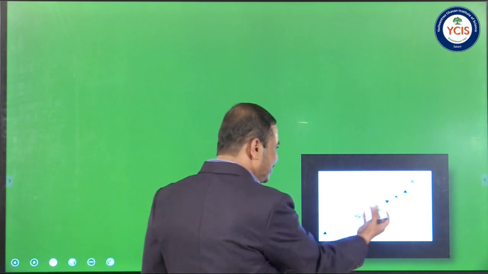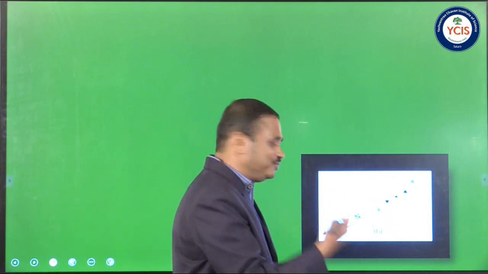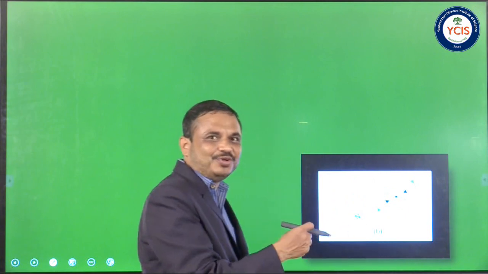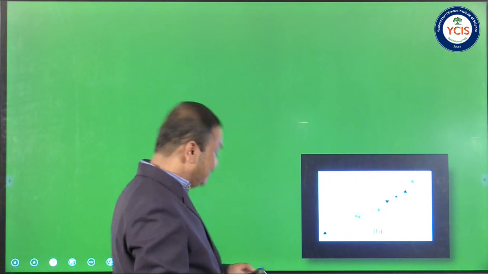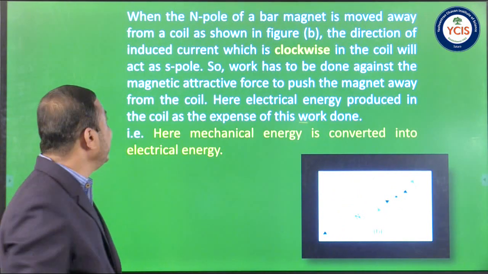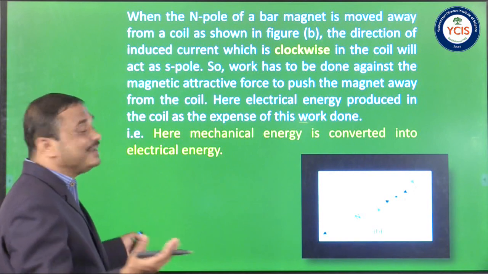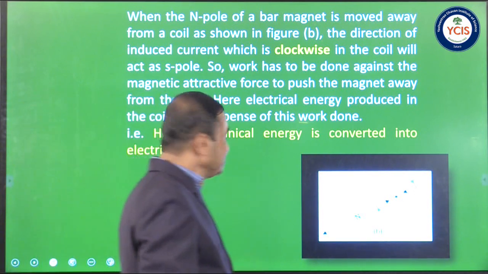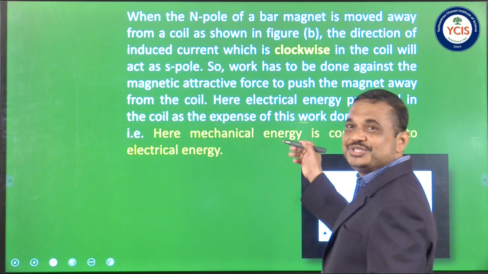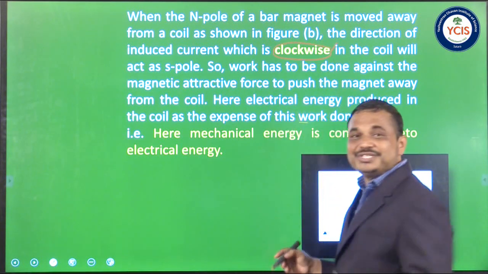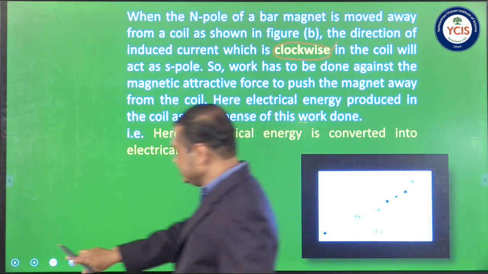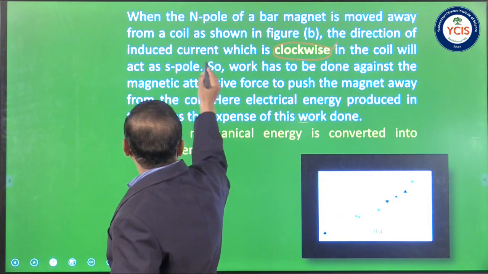And we see that there is a force of attraction between N and S pole, and therefore this induced current, which makes this face an S pole, attracts the bar magnet, that is, it opposes the receding of the bar magnet. So when the N pole of a bar magnet is moved away from the coil as shown in the figure, the direction of induced current is clockwise in the coil, which acts as an S pole.